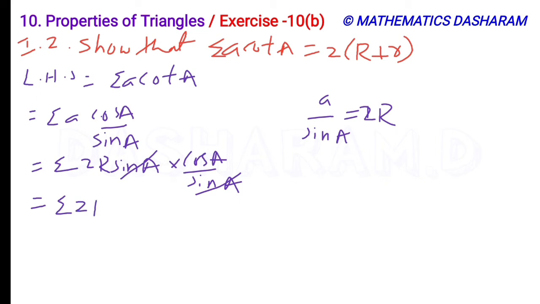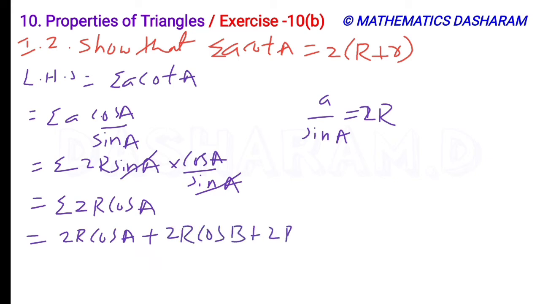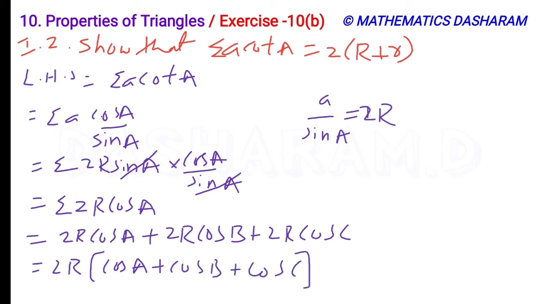So sigma 2R cos A. Now remove the sigma. Then 2R cos A plus, the circumradius being a constant, 2R comes as it is, but angle A becomes angle B, so 2R cos B, and then 2R cos C. Now take 2R common, so it equals cos A plus cos B plus cos C.